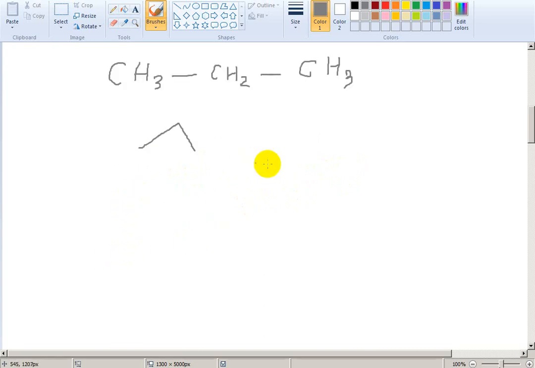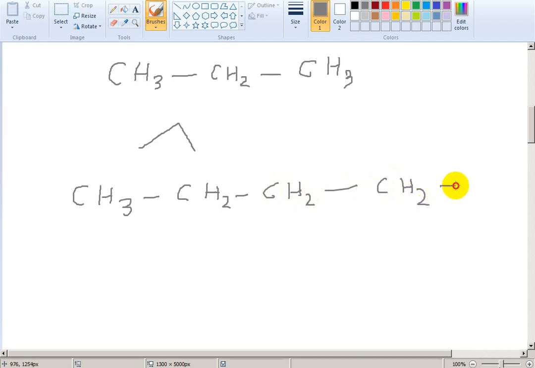What will be the skeletal formula of butane? Like this. Now I am writing 5 carbons, pentane.